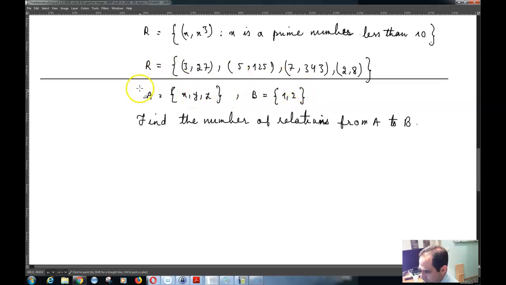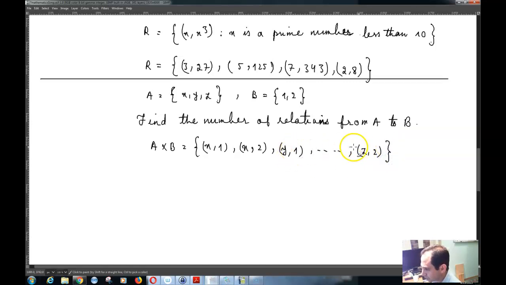When you want to find the number of relations from A to B, what you need to do first is find A times B. A times B is going to be, for example, (x, 1) and (x, 2), and for example (y, 1), and so on all the way up to (z, 2).